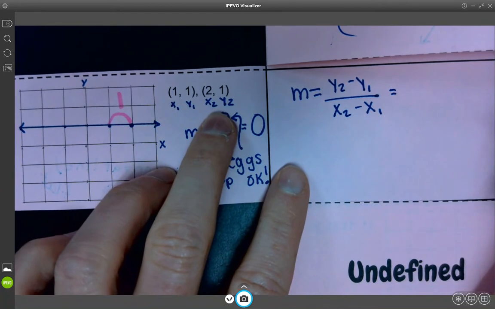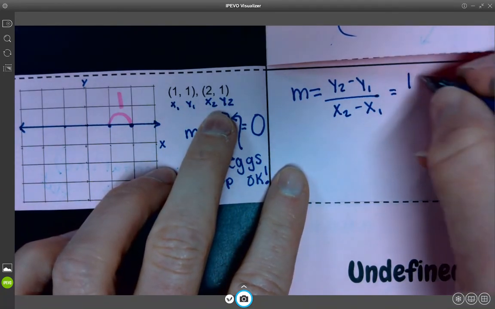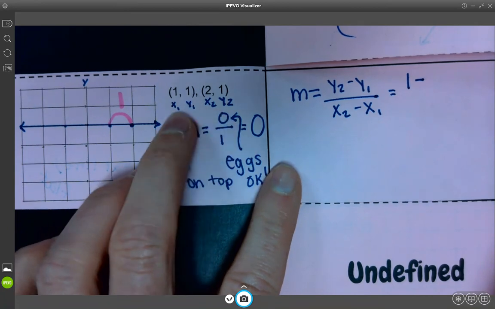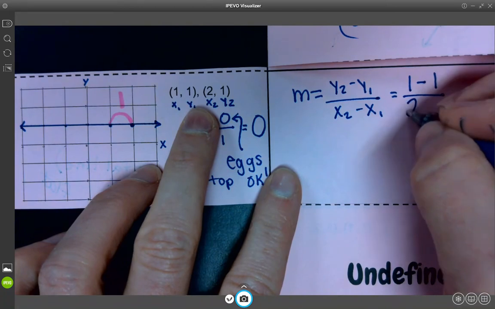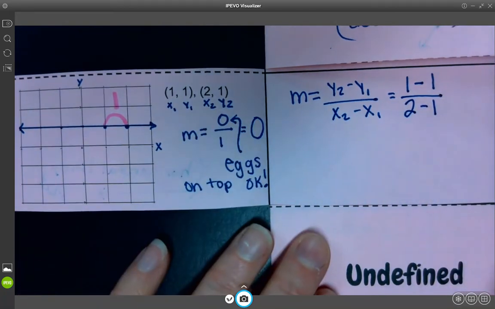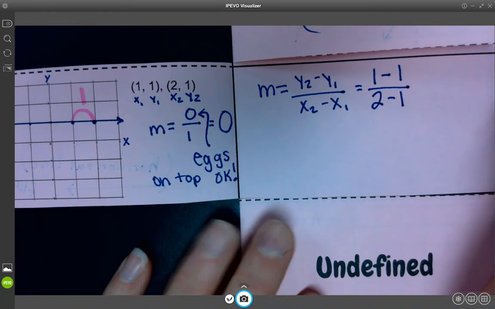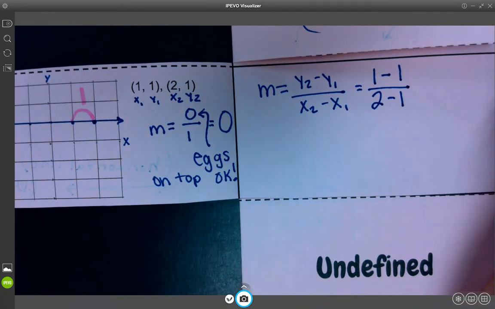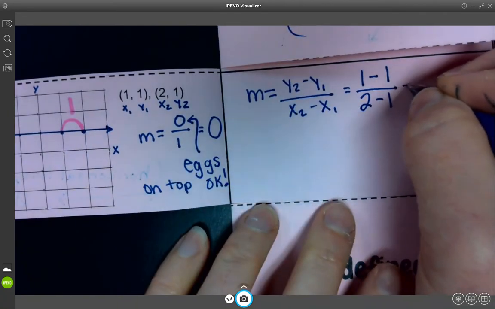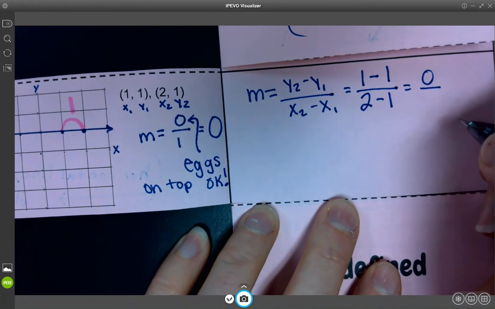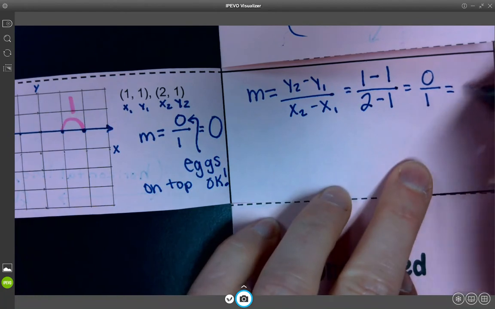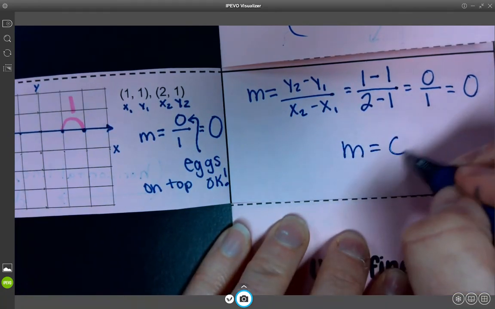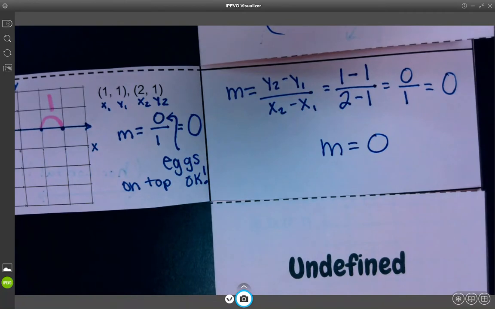So y2 is 1 minus y1 is 1 over x2 is 2 minus x1. Now the y values are the exact same. Whenever you subtract two things that are the exact same thing, you get a 0. So 1 minus 1 is 0. 2 minus 1 is 1. So same thing. Eggs are on top. It's okay. So m equals 0. Eggs are on bottom. It's not okay.